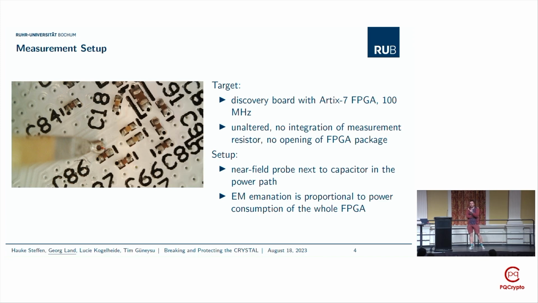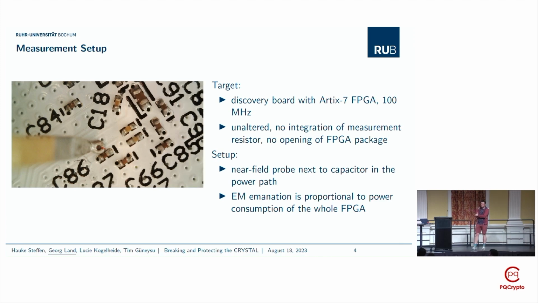Many academic works in the side channel community tend to use a very low clock frequency, for example 4 megahertz, because then you find more leakage, and for leakage assessment that's a totally valid way. Still, we opted for high frequency, and we also kept our FPGA package and the whole discovery board unaltered.